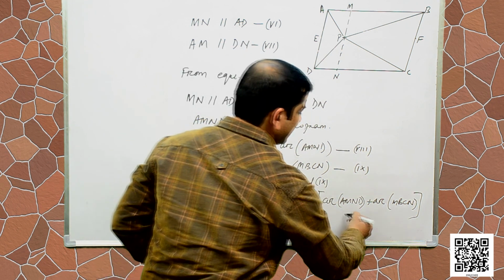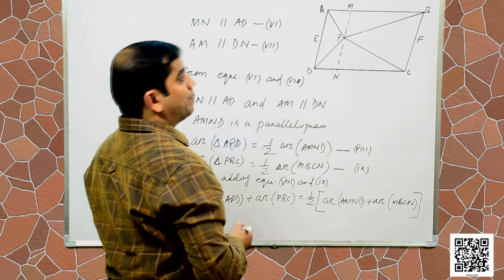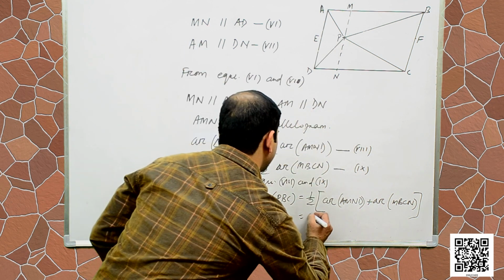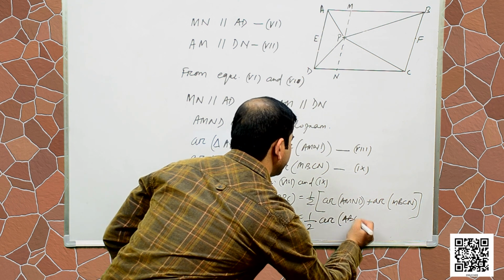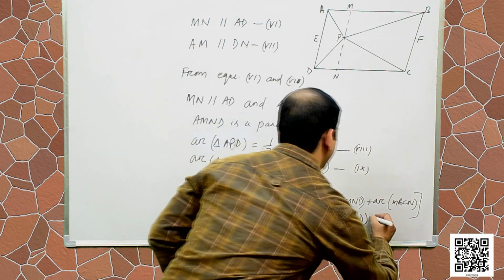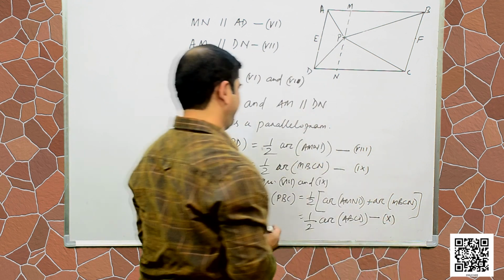So what is the sum of these two parallelograms? It is nothing but area ABCD. Let it be equation 10.